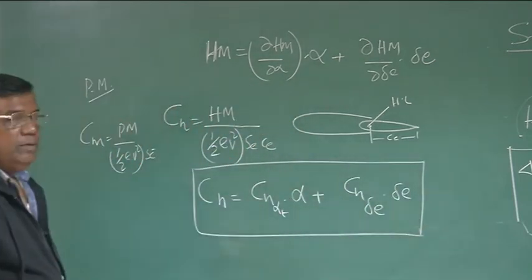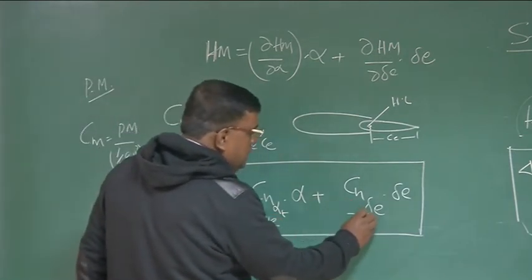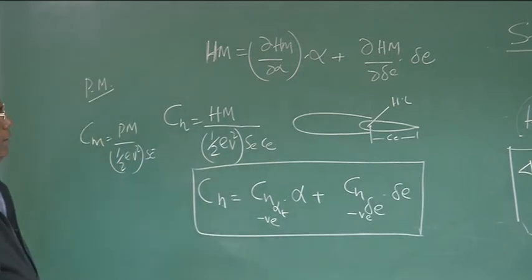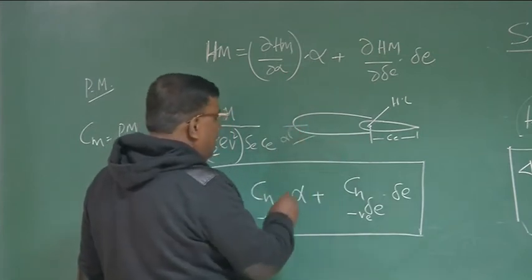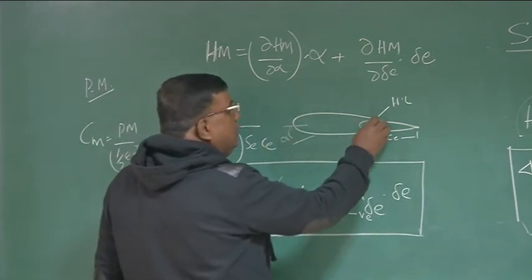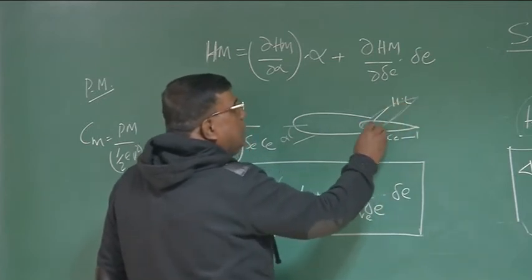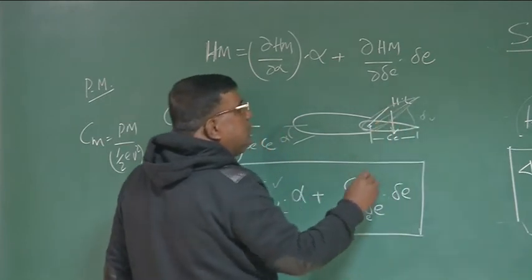And what is the sign of Ch alpha t? You know it is negative. What is the sign of Ch delta E? Negative. So I know that if I am having a positive alpha here, because of Ch alpha t, the nose will go down, so that it will try to float up like this. And because now it has introduced delta E, this will try to resist.